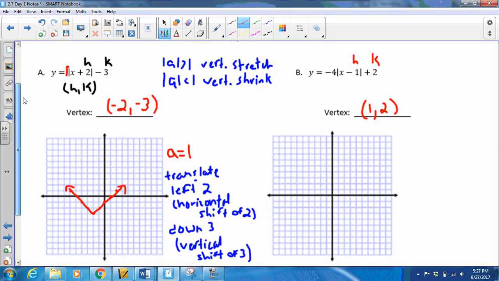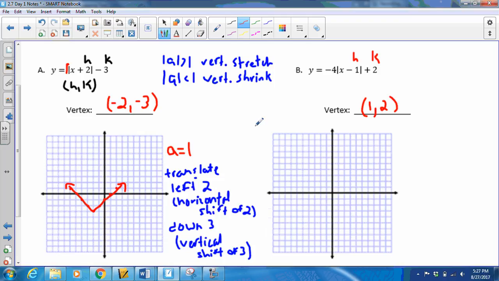So now, once again, as I said before, I'm going to use the method of figuring out what the a value is and then using slope to graph it. So I'm going to go 1 up 2, and now I have to figure out what my a value is. Remember, the a value is always the number in front of your absolute value signs.